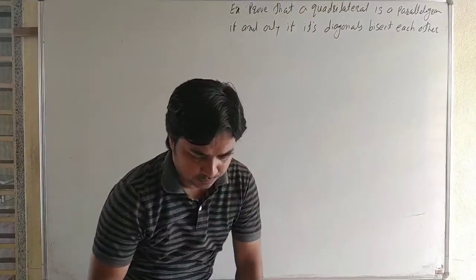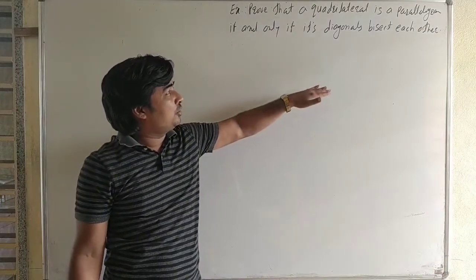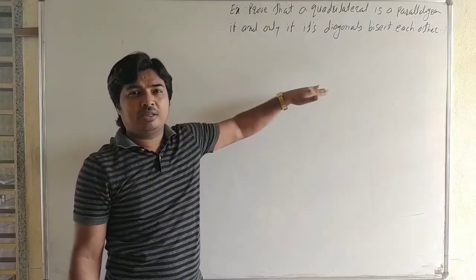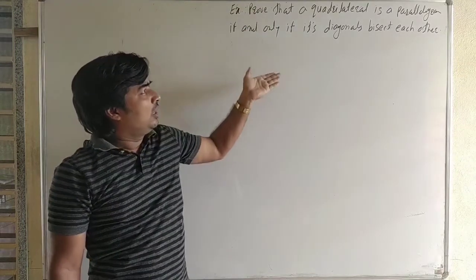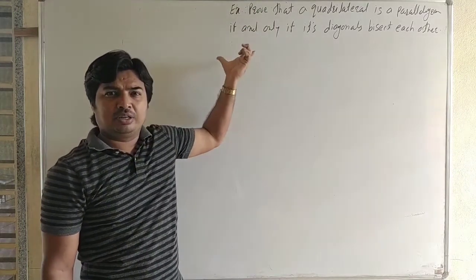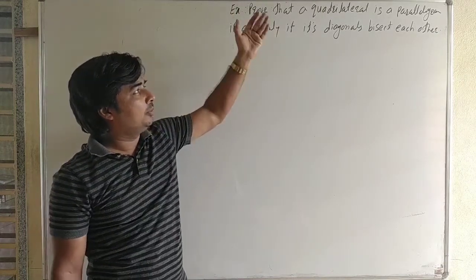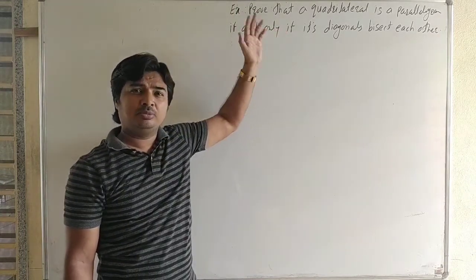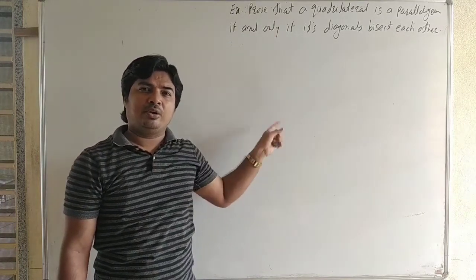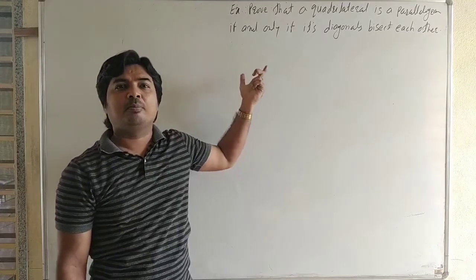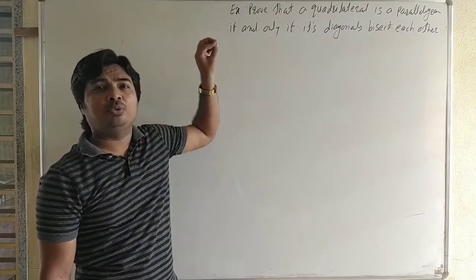Here, if a quadrilateral is a parallelogram, then the diagonals bisect each other, or if the diagonals bisect each other, then the quadrilateral is a parallelogram. We have seen this in geometry. In 9th or 10th we know this property of a parallelogram. But now here we show it by the vector method.